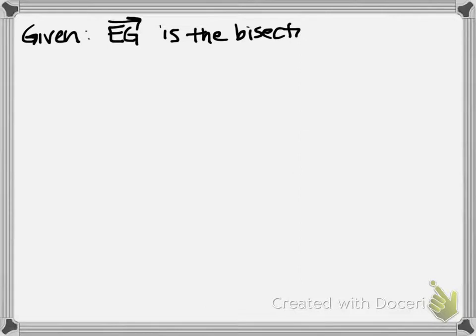So, given: we've got ray EG bisects, or is the bisector, of angle DEF.